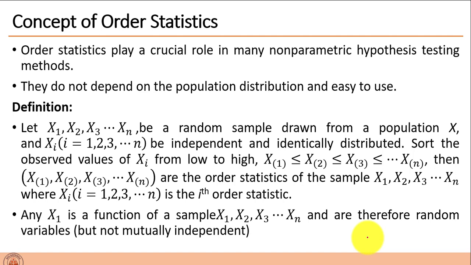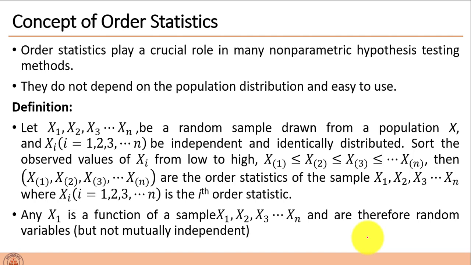As we will see shortly, they do not depend on the population distribution and are easy to use. However, if you go deep into order statistics, you realize that it's a little more difficult than you would think initially. So let's define what order statistics are.